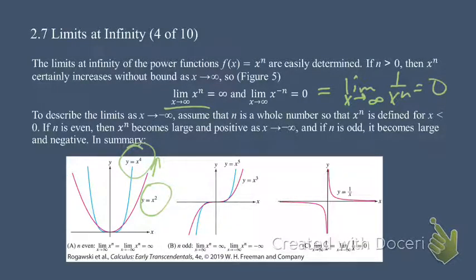So for instance, here it gets closer to 0 in this direction and closer to 0 in this direction. When I talk about negative infinity, it does different things if I have an even or an odd power. So we notice as it goes to infinity, it goes to infinity, but as I go to negative infinity, it goes to negative infinity.